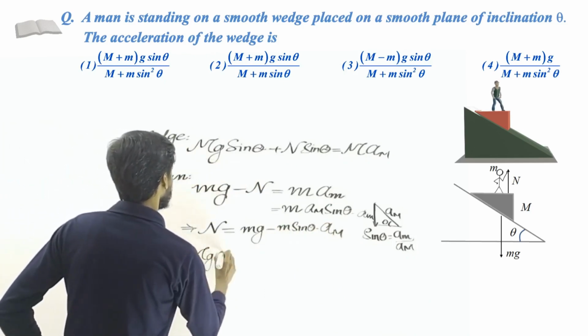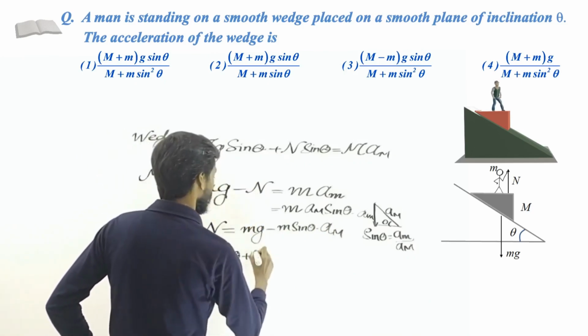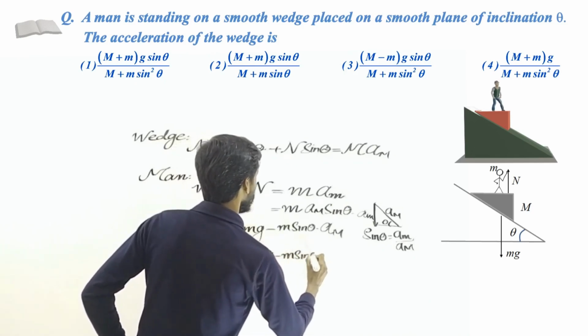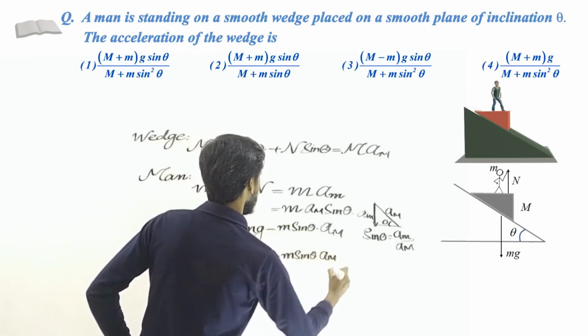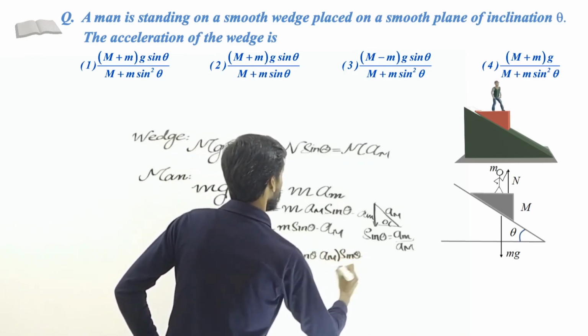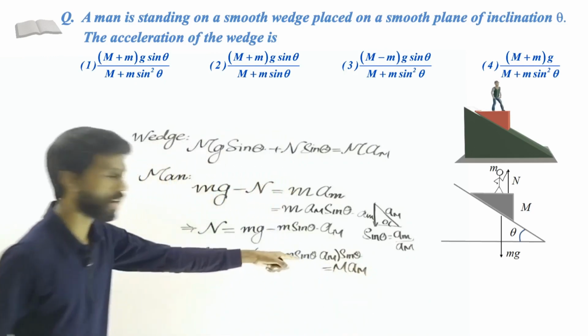So Mg sine theta plus N, but that N is this one, mg minus m sine theta a_M, multiplied by sine theta, that equals M times a_M. So you find the value of a_M from this.